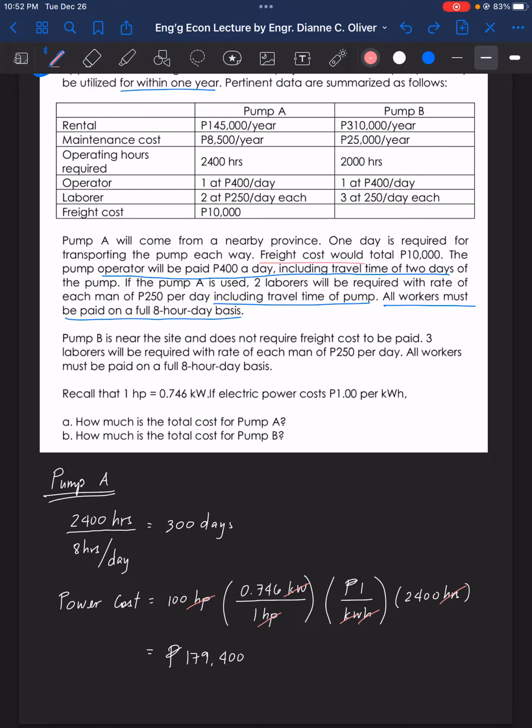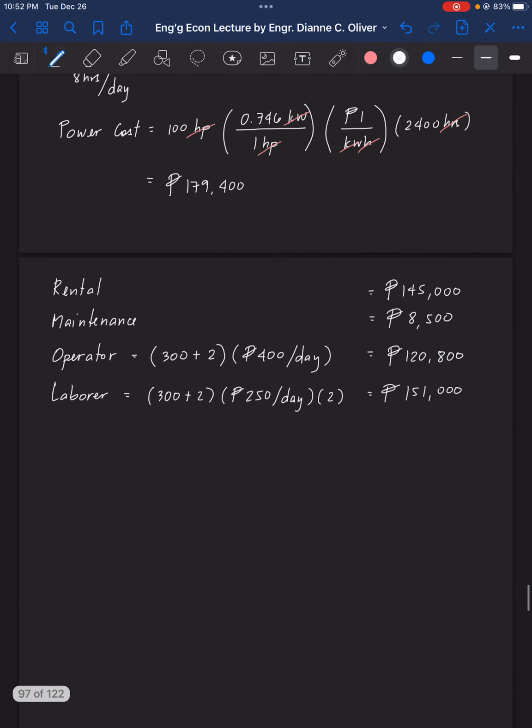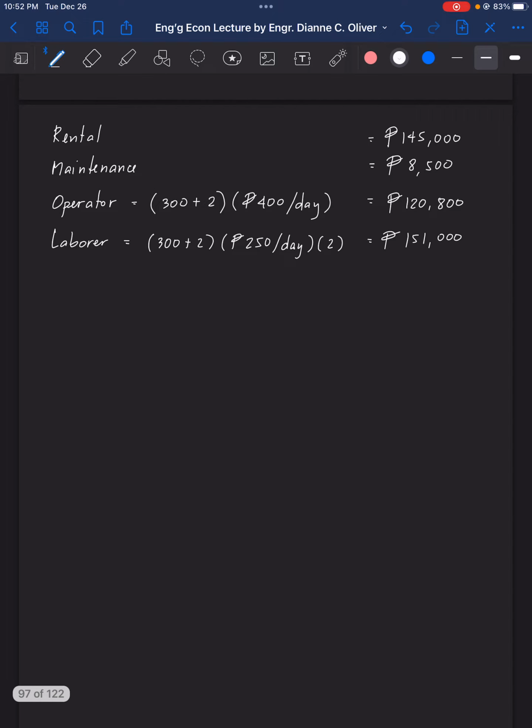So it's already the total, meaning it covers the 2 days travel time of the equipment. So 10,000 pesos is already fixed. There's no need to multiply by 2.